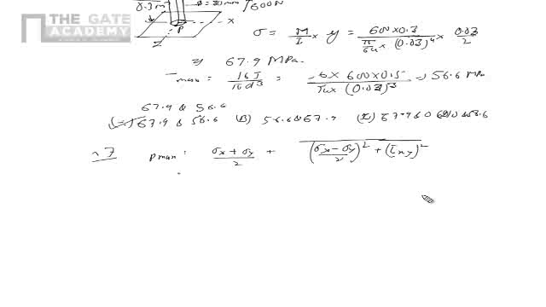But for this, we have to remember that the coordinate system is like this, x and y, where this is tau xy, this is sigma x, and this is sigma y. This is the nomenclature. But in this case, that's not what is happening.